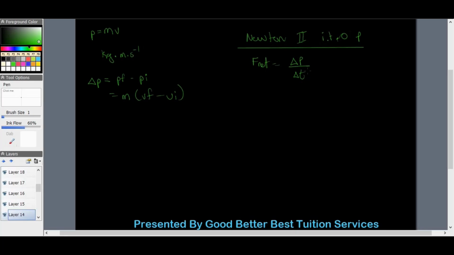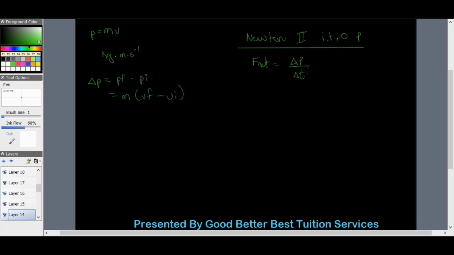I'm not sure if we did an example last week, but here is a short one: a rocket was launched from rest and reached 12 meters per second in 3 seconds. The question is to calculate the change in momentum of the rocket, and then also calculate the net force experienced by the rocket.